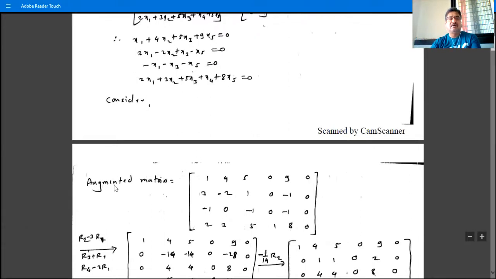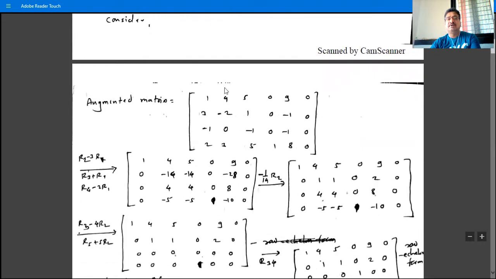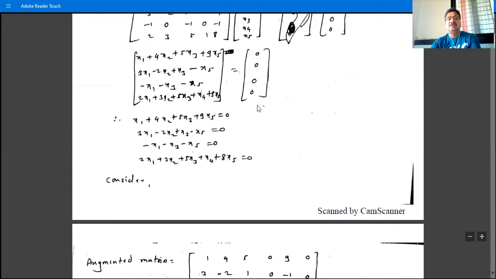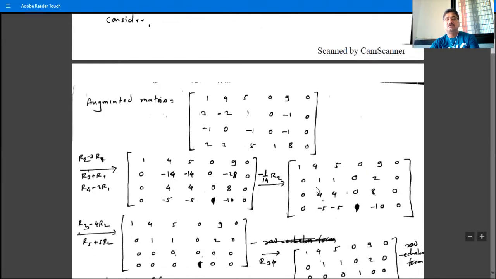So form the augmented matrix: the matrix of coefficients, that is the A matrix, and the matrix of constants 0, 0, 0, 0. And then we have to reduce this matrix to row echelon form. In order to do that, we have to reduce this element to 1, but it is already 1. So reduce these 3 elements to 0.